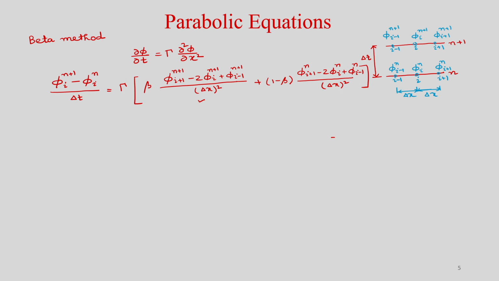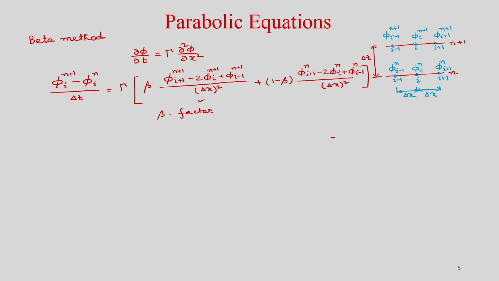So now you can see it is a general method with beta as a factor. If you put beta equal to 1, what will you get? If beta is equal to 0, what will you get? And if beta is equal to half, then what will you get?